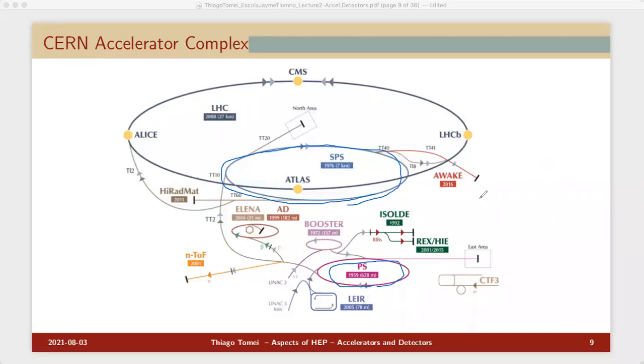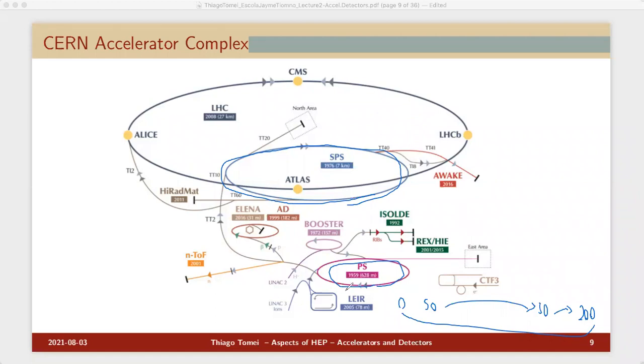It's easier to first accelerate, say, from 0 to 50 GeV, and then have another accelerator do the job of, say, 50 to 200, than trying to have one accelerator that goes from 0 to 200. This is, of course, related to the fact that as the particle accelerates, the radio frequency cavity and the magnets have to be synchronized in a completely different range.